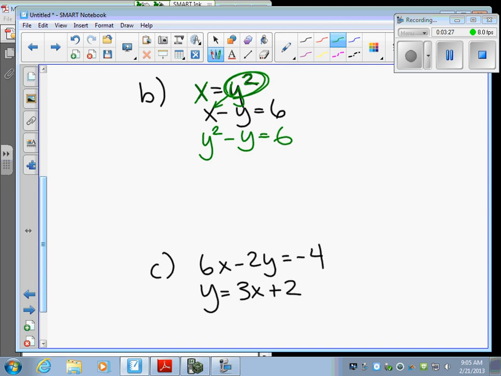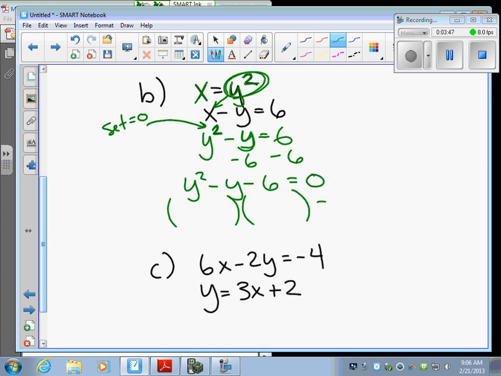And now to solve this, notice how I have a squared and I have a single term, which cues me to set it equal to 0. So I'm going to subtract 6 from both sides. Y squared minus y minus 6 is 0. And then I'm going to factor it. Again, if factoring is difficult for you, go ahead and watch that video, which is one module above in the Chapter 5 stuff.